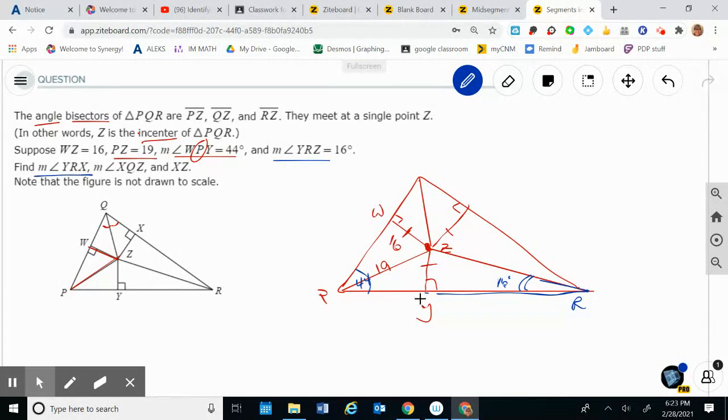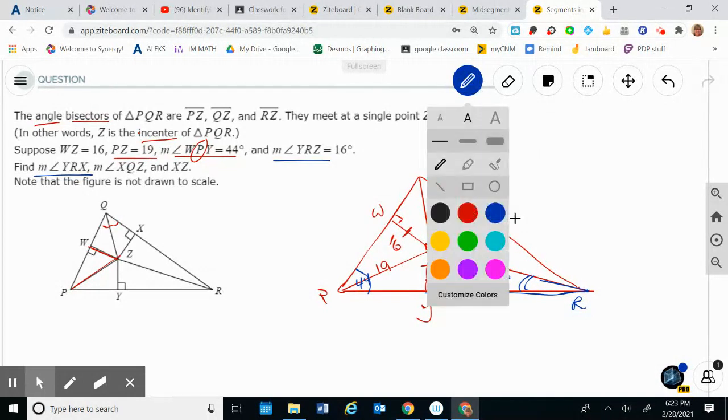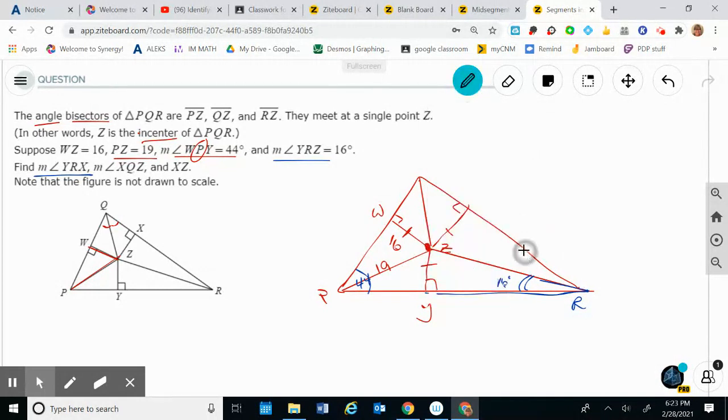YRX. They want the big angle. So you need to know that this was the bisector. So the whole angle YRX is equal to 32 because 16 plus 16 is 32 degrees.